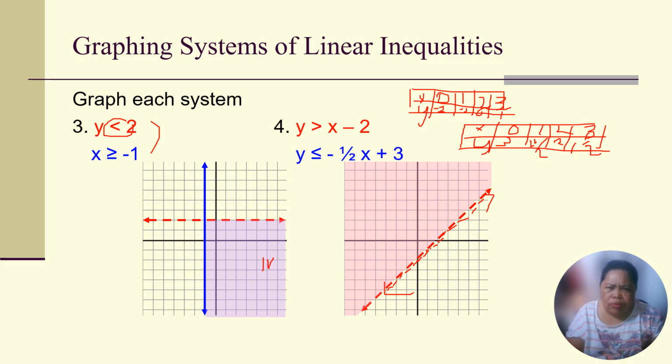So from 0, 3, that means 1, 2, 3, so we have positive y. Our point is here. My hand is really shaky. And then we have 1 and 2 and 1/2, so here.